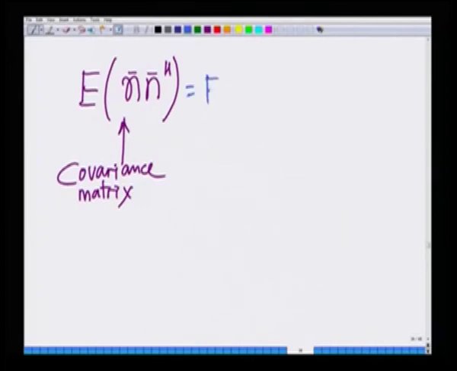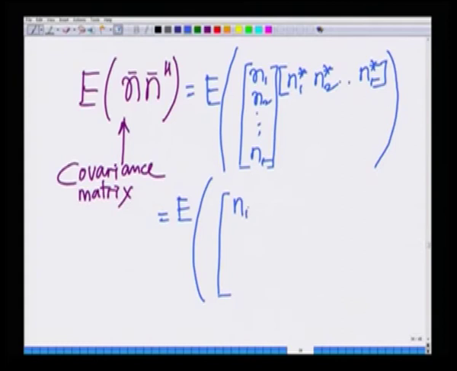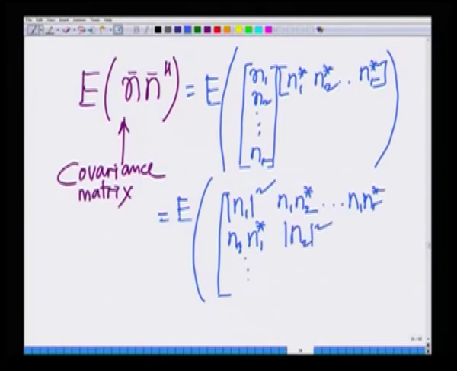This covariance matrix is expected N1, N2, so on up to Nr times N Hermitian, which is you take transpose and conjugate, that is N1 conjugate, N2 conjugate, Nr conjugate, which is nothing but expected N1 N1 conjugate, which is magnitude N1 square, N2 N1 conjugate, N1 N2 conjugate, so on up to N1 Nr conjugate, magnitude N2 square, so on up to Nr N1 conjugate, so on up to magnitude Nr square.